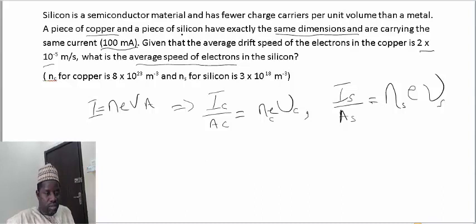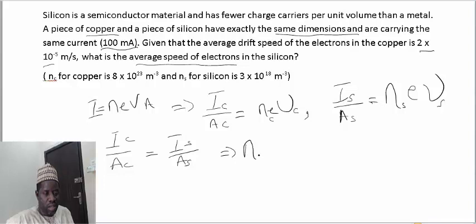The question says that the silicon and the copper have exactly the same dimension and carry the same amount of current. Dimension and current being the same implies that the ratio, the current density, in copper is the same as the current density in the silicon.